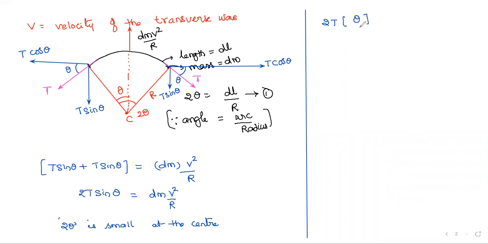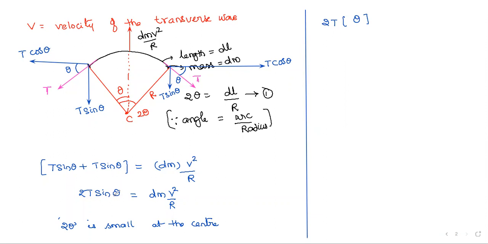You know that in the derivation of the time period of simple pendulum in the oscillations chapter. There also you took sine theta as theta. So sine theta is theta.